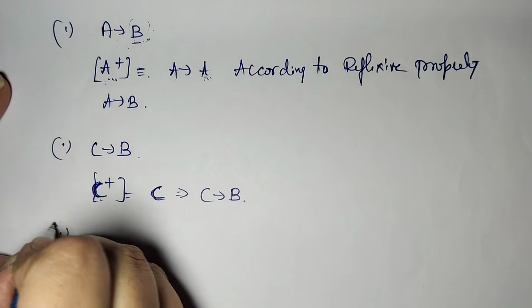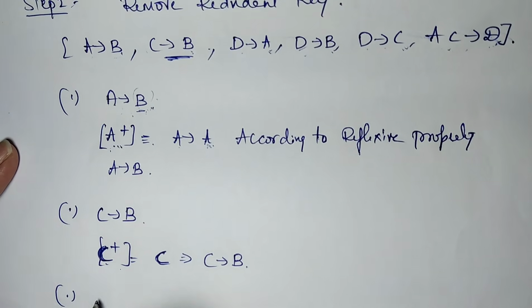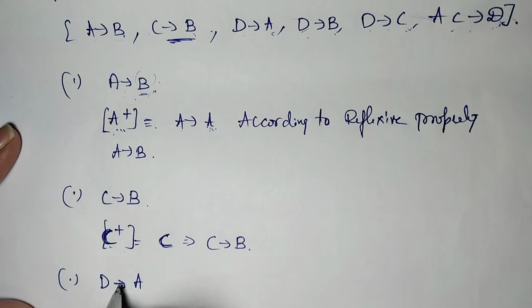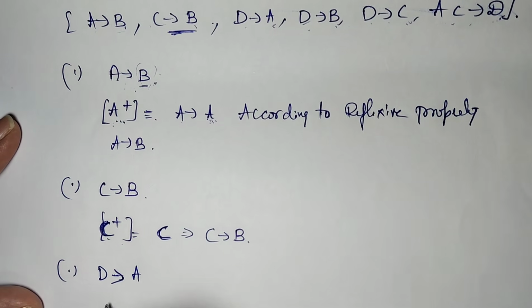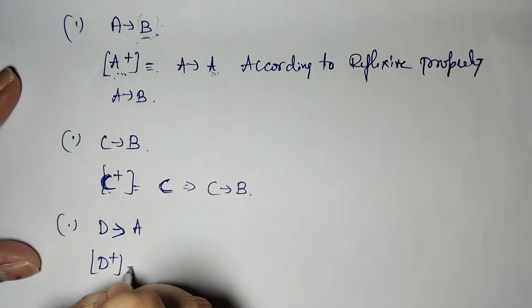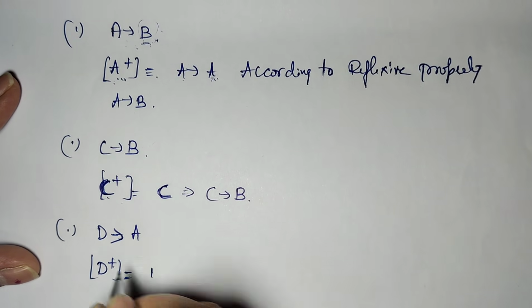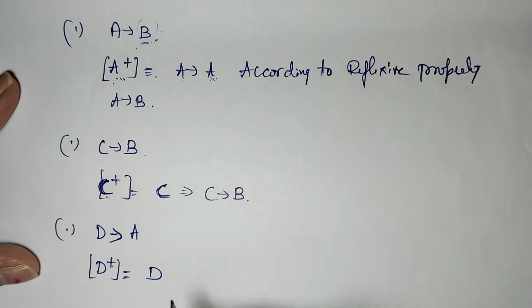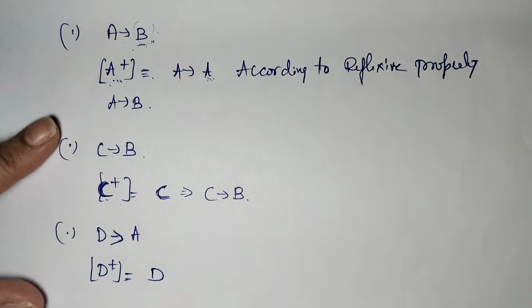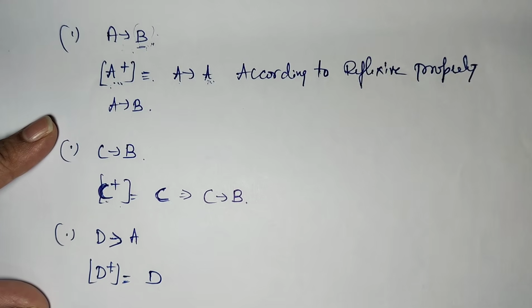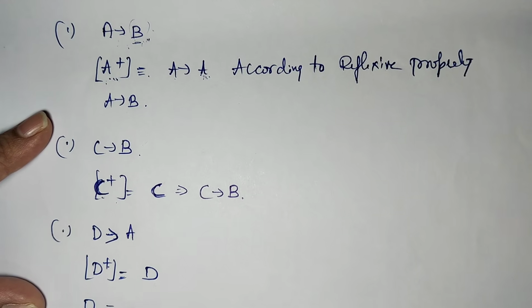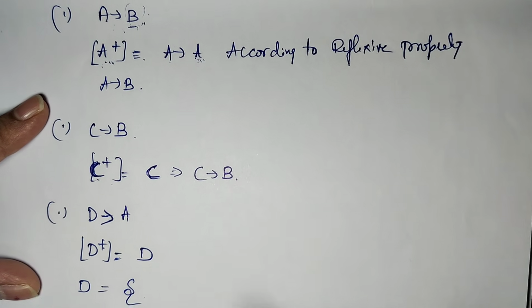Next consider D tends to A. If you find the closure of D, from D we can get D only according to the reflexive property. If you observe carefully, from D we can get how many attributes?